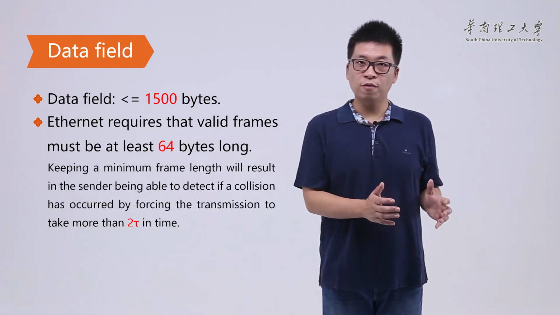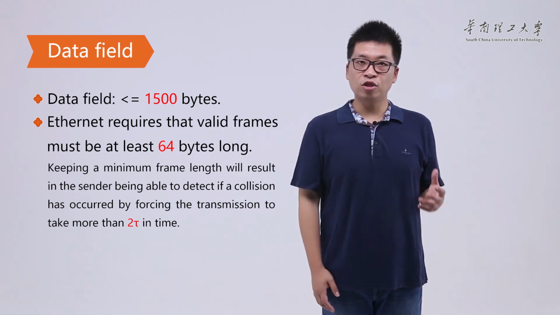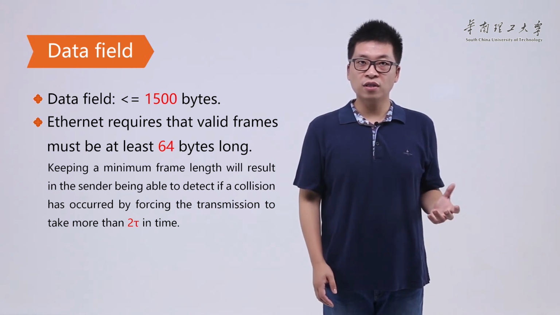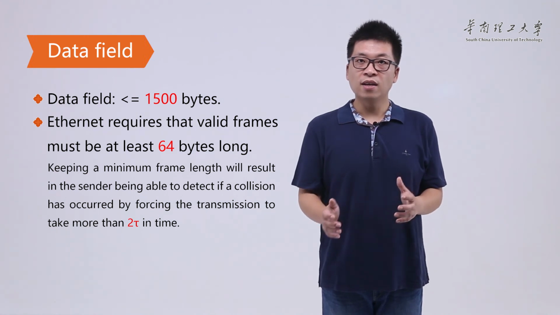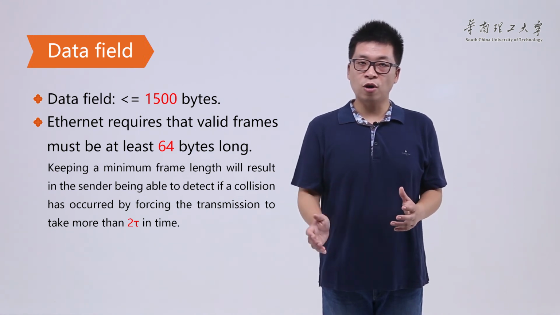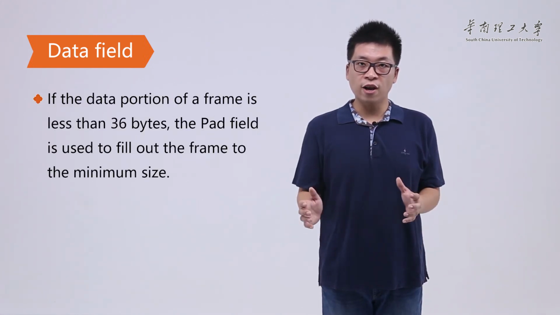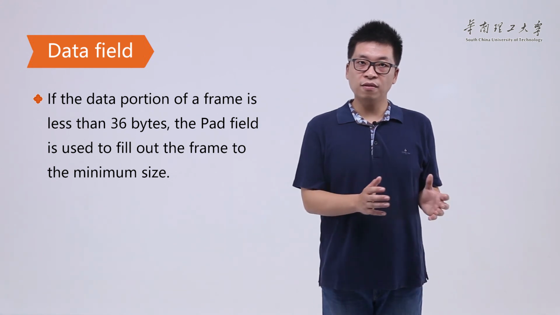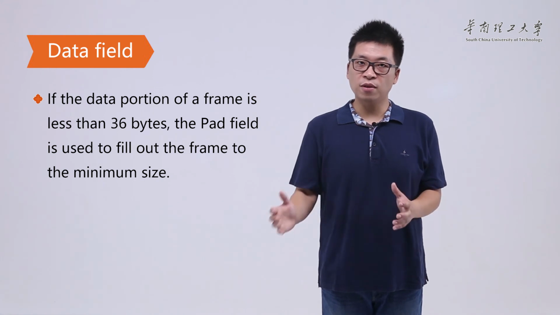Keeping a minimum frame length allows the sender to detect if a collision has occurred, by forcing the transmission to take more than 2 tau in time, in which tau is the propagation time. If the data portion of a frame is less than 36 bytes, the padding field is used to fill up the frame to the minimum size.